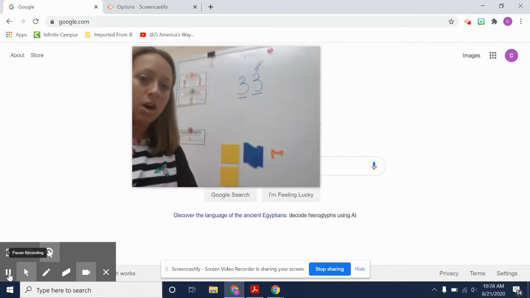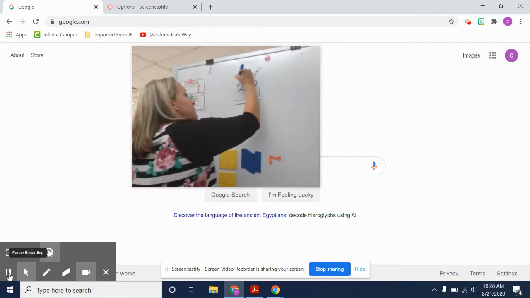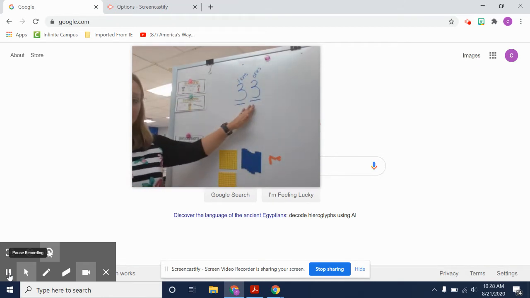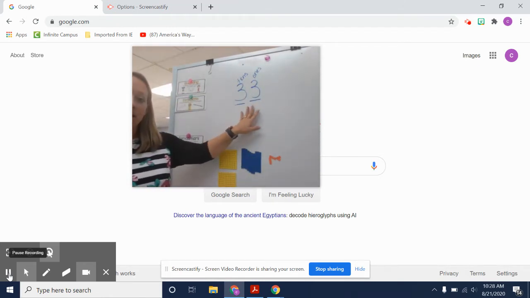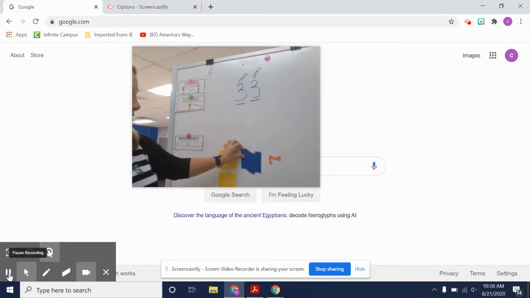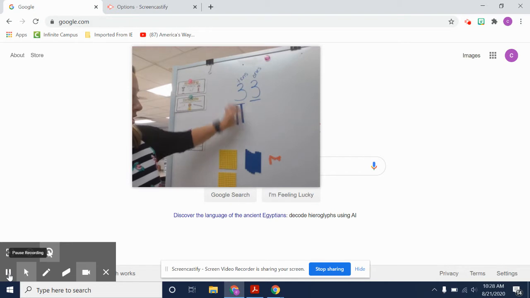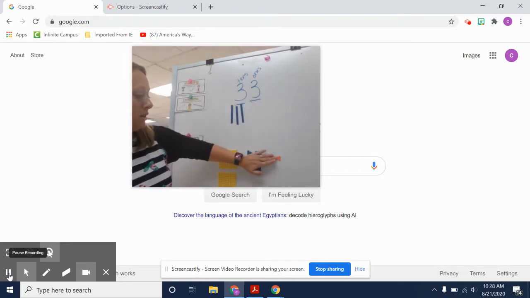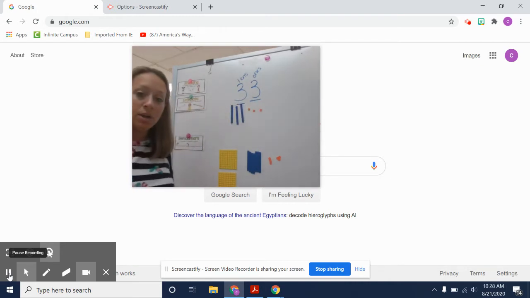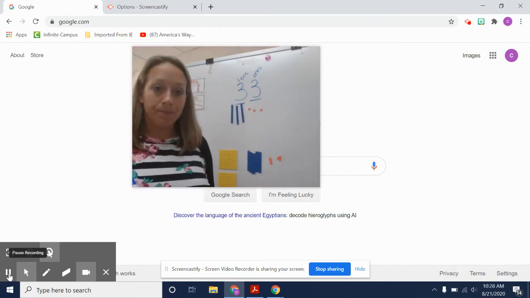This, it's going to be the tens place. Just looking at this is going to make it really easy for me to represent this. I can just say, oh, there are 3 tens. 1, 2, 3. And there are 3 ones. 1, 2, 3. That's how I'm going to represent 33.